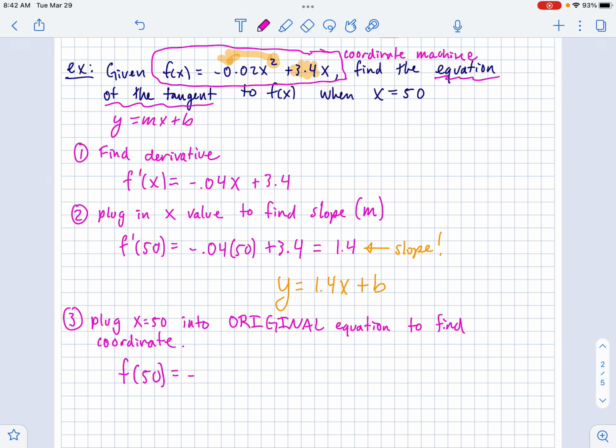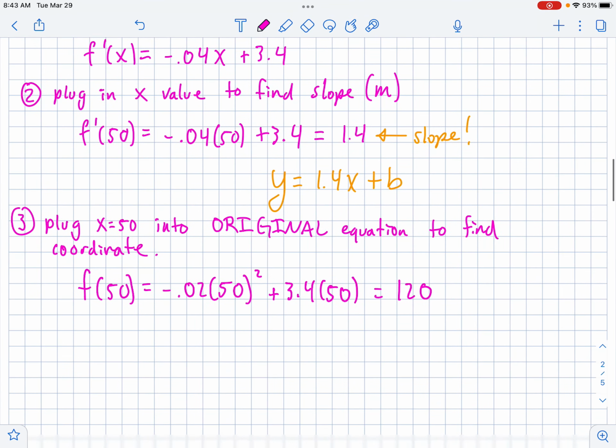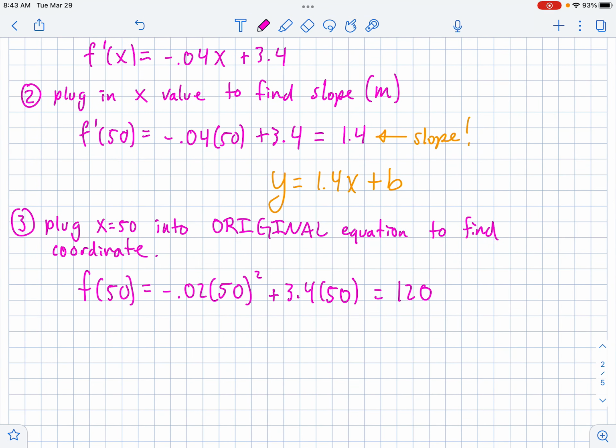So what we're going to do is do f of 50, which is negative 0.02 times 50 squared plus 3.4 times 50. Now, when you plug that into your calculator, you should get 120.